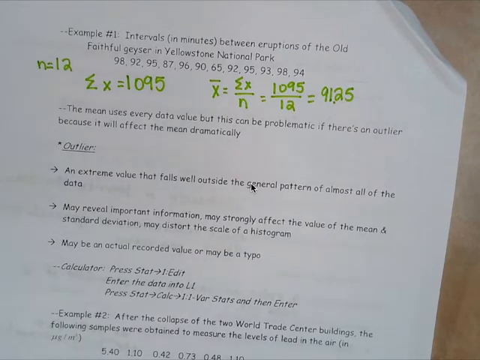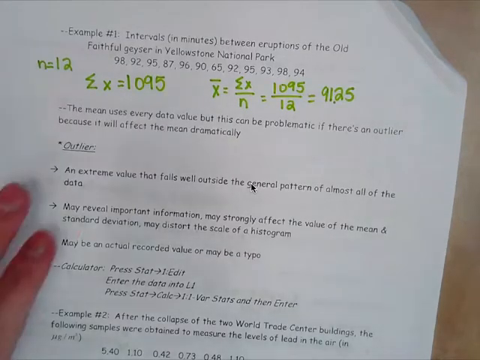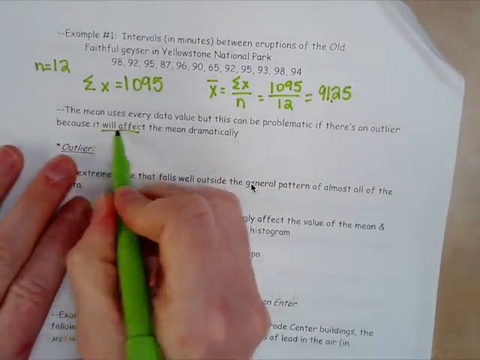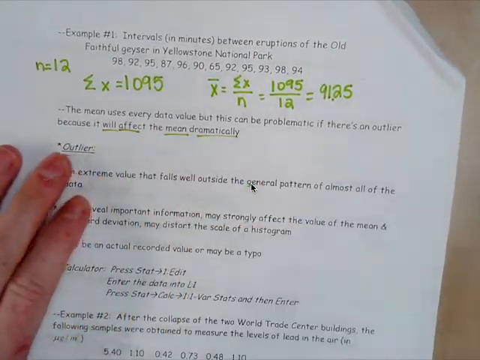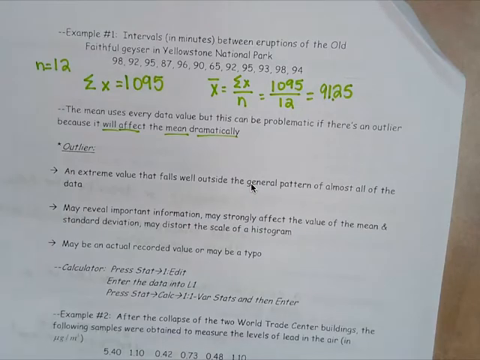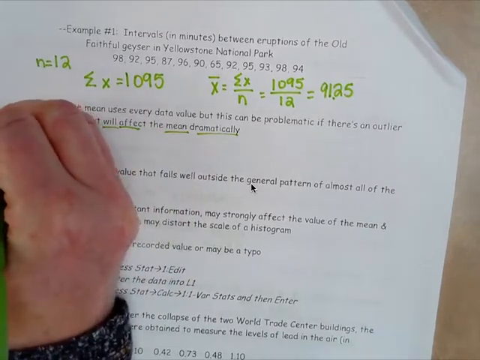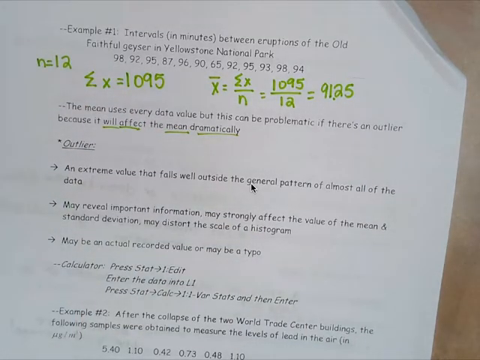So the mean uses every data value, but this can be problematic if there's an outlier because it will affect the mean dramatically. Outliers affect the mean. We learned that in the crash course video. So what we need to know is if a statistic is resistant. Resistant means that the outlier doesn't affect it.